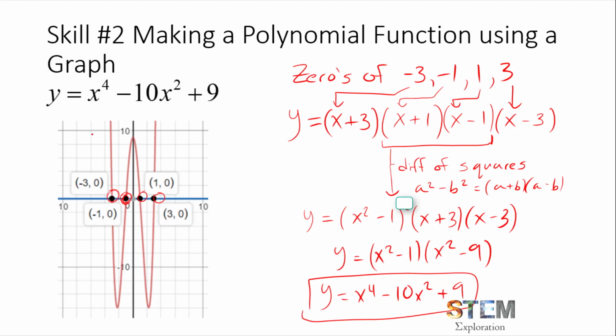It is the exact same equation. So I do have to make the assumption that the leading coefficient is 1, otherwise I would have to be given another point. But with even just having the roots that I can identify on the x-axis of the graph, I can figure out the equation of the polynomial relatively quickly.